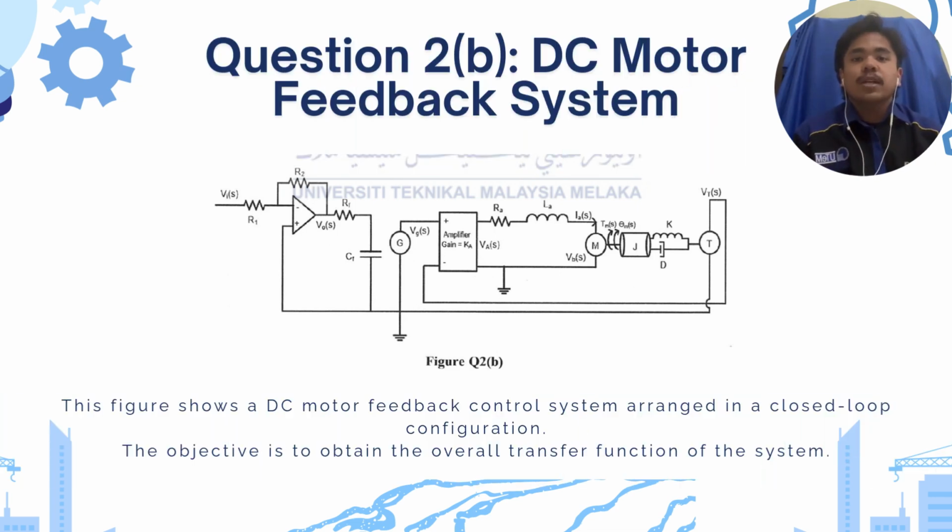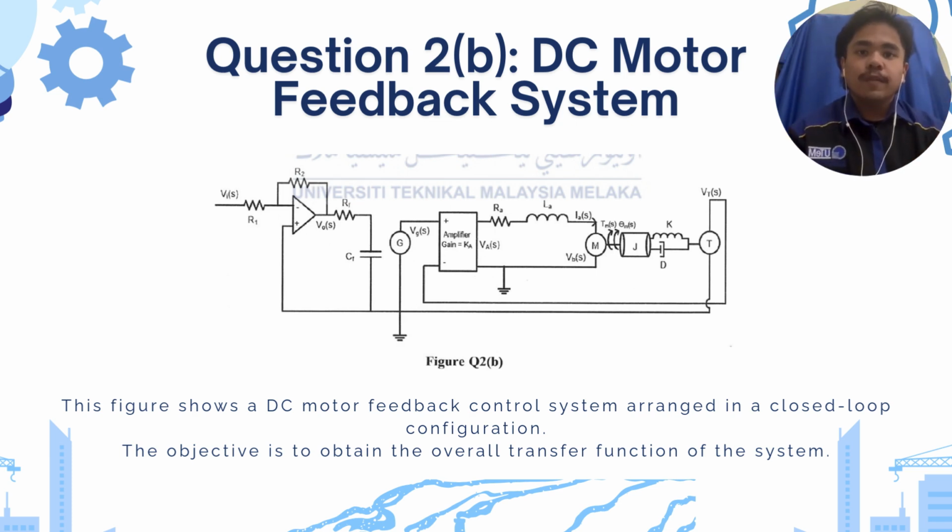Now, let's move to question B. This question requires us to analyze a DC motor feedback control system. The given diagram shows the electrical and mechanical component of the motor, including amplifier, armature circuit, torque constant, back electromotive force, and mechanical load.